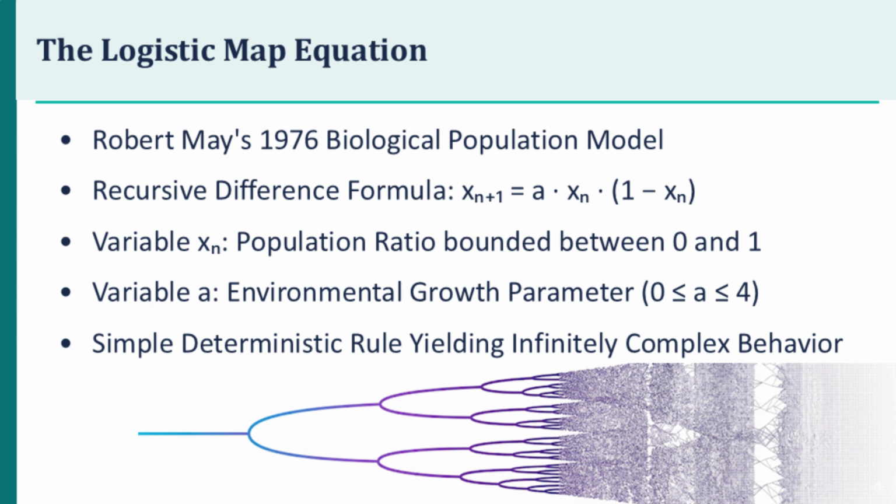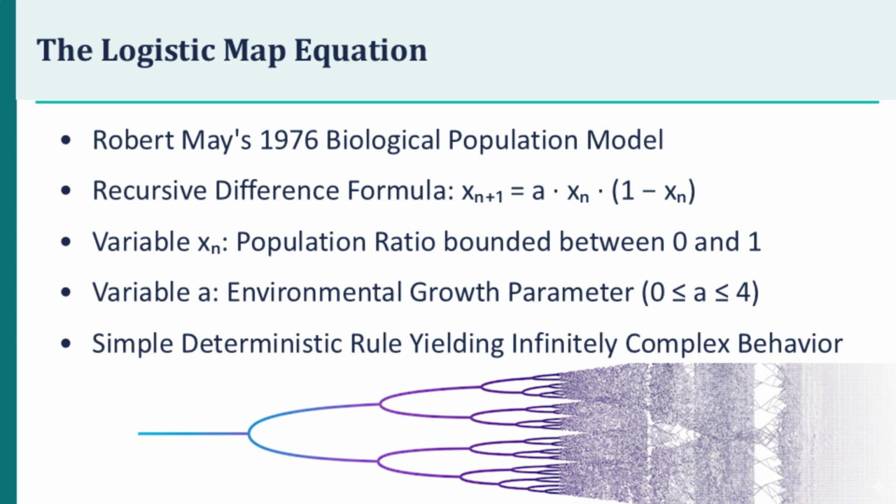In this equation, x sub n represents the current population ratio as a value between 0 and 1, where 0 means total extinction and 1 represents the maximum theoretical capacity of the environment. The index n represents the generation or time step, so x sub n plus 1 is the population ratio of the next generation. The variable a is the growth parameter, a constant that dictates how rapidly the population multiplies.